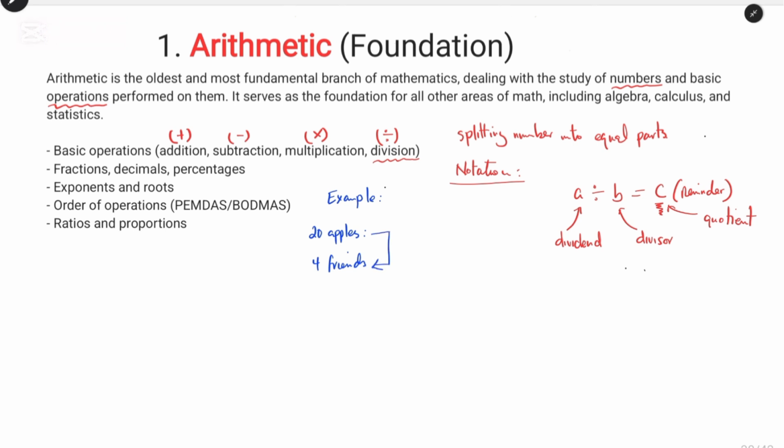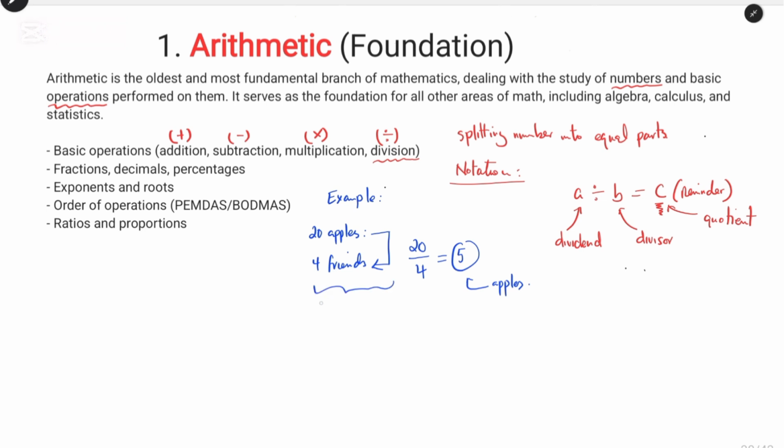So you want them to have an equal number of apples. Therefore, you divide 20 apples among your 4 friends. So you will have the quotient which is 5. This number 5 represents the number of apples that can be given to each friend. Now your friends will receive 5 apples each.